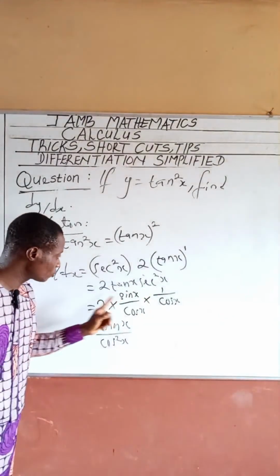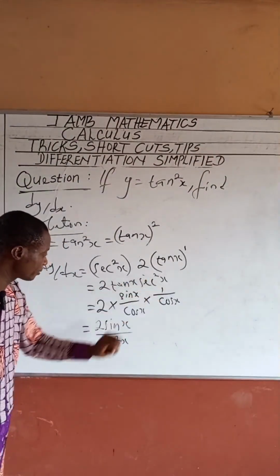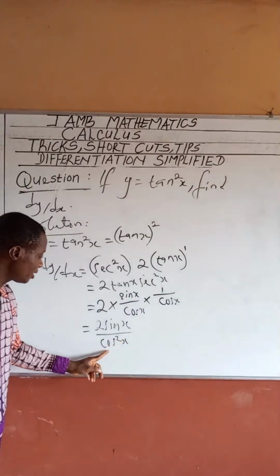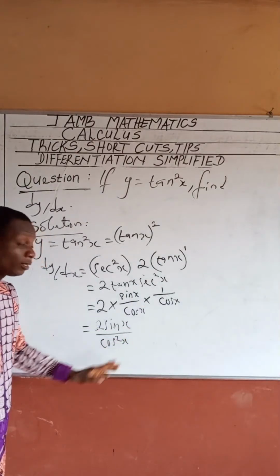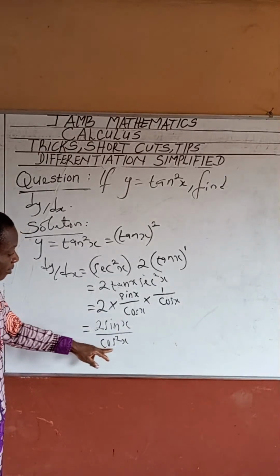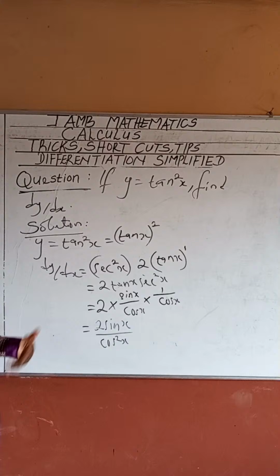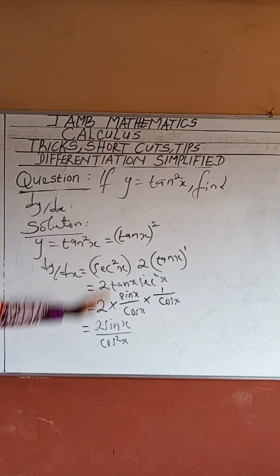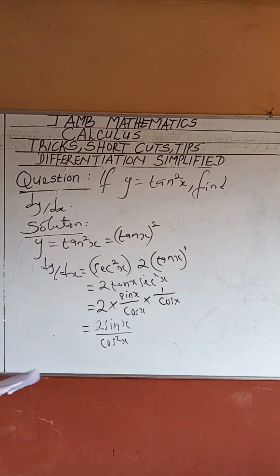So like this, 2 tan x sec square x, or 2 sin x divided by cos square x, or it can be 1 minus sin square x. It can be in any form. Whichever way you find it, don't worry, they are all correct. The options will definitely dictate the answer. In fact, from the options, you will know the right answer to take.